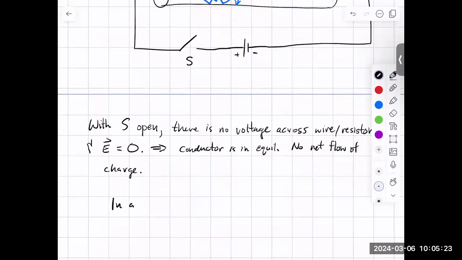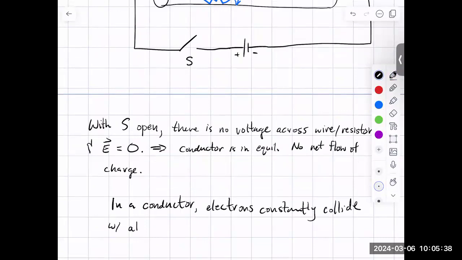So in a conductor, electrons constantly collide with the atoms and impurities within the metal.